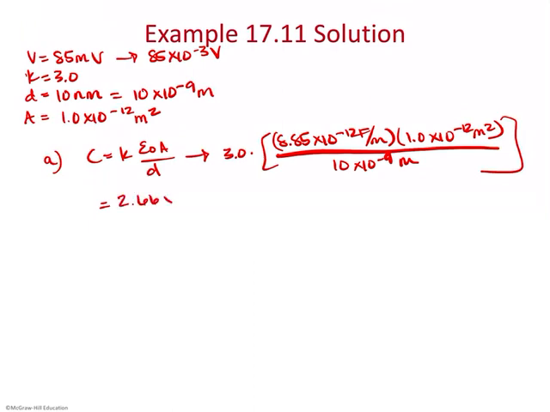Do the math, and you should get 2.66 times 10 to the negative 13th farads. Hopefully you guys come up with that.